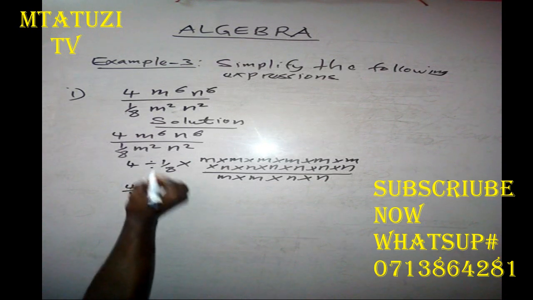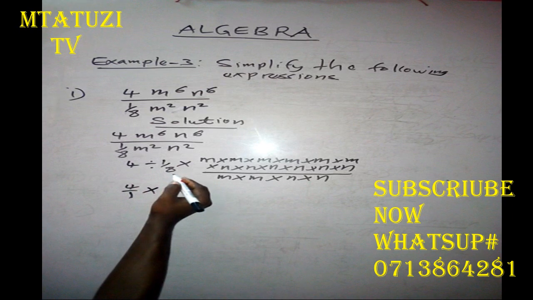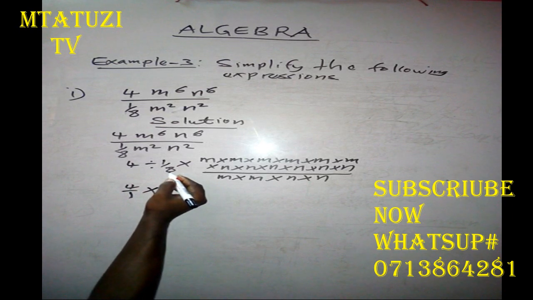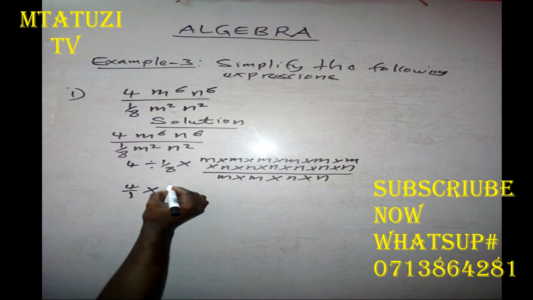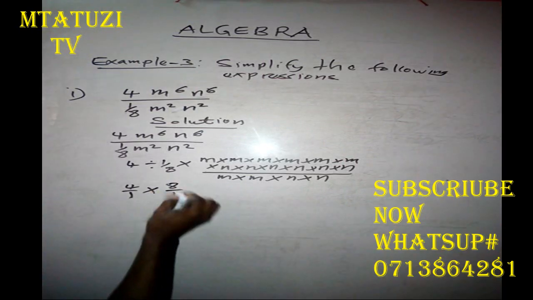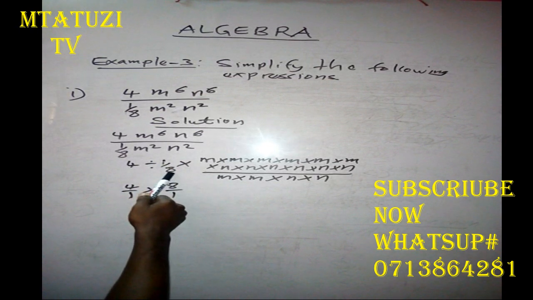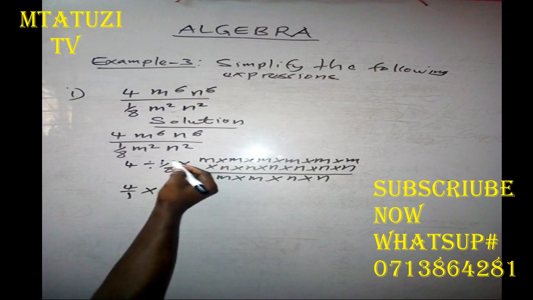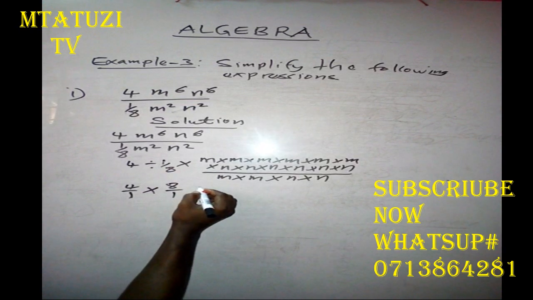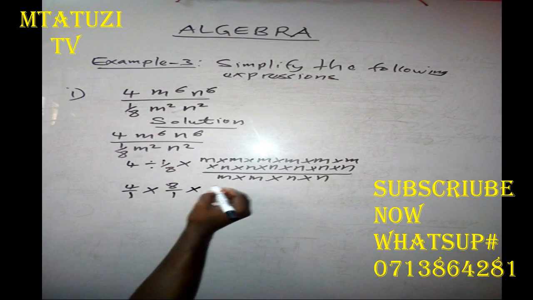Instead of division, you write multiplication, and you exchange the denominator and the numerator. The upper number of a fraction is called the numerator and the lower number is called the denominator. So the denominator goes upward and the numerator goes downward, and then you multiply.